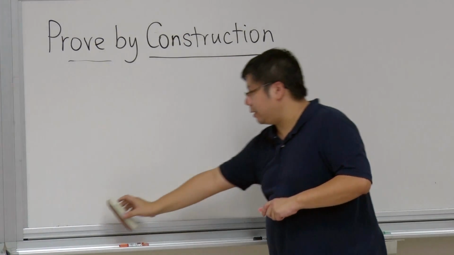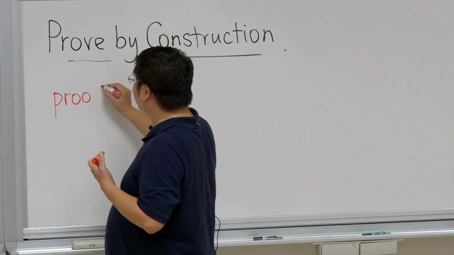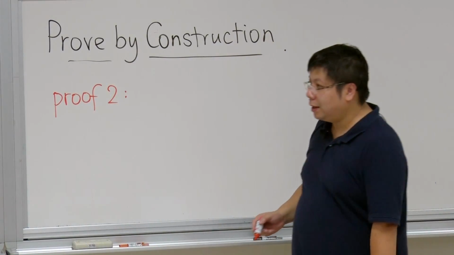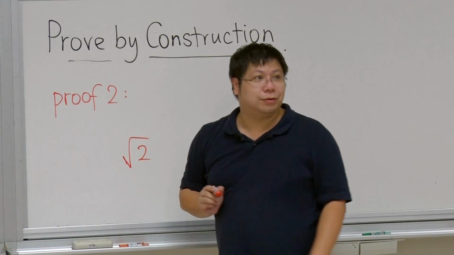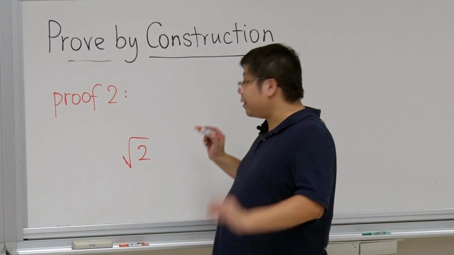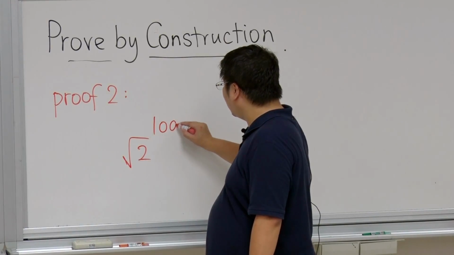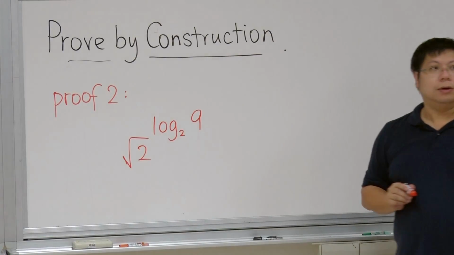Okay, so let's try the other example. Let's see if my memory is okay. So let's go to proof 2. This time, let's take a look at this number, square root 2. Square root 2 is irrational, right? Now I have another number for R. So this is log base 2 of 9.